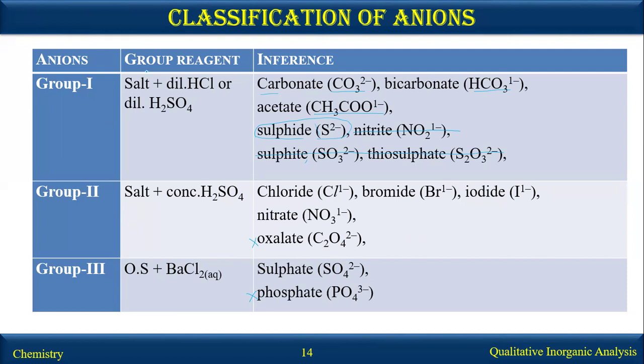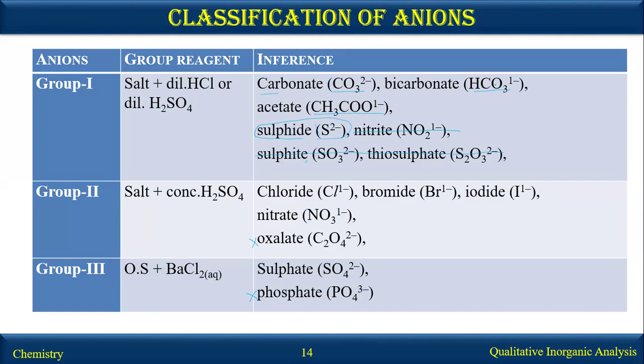Now the second column is showing the group reagent. Group reagent means either you start with dilute sulfuric acid or dilute hydrochloric acid. It reacts with all of them and gives the characteristic observation that you can identify. If any one of these is present, you can identify it from its particular reaction.